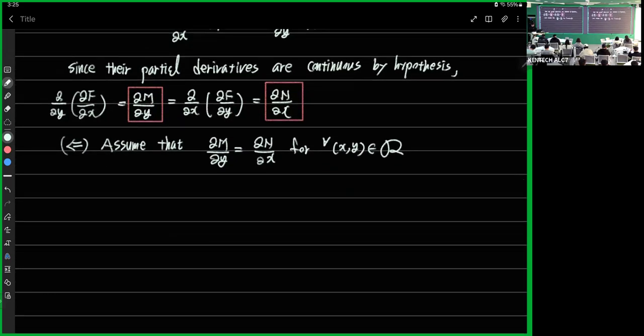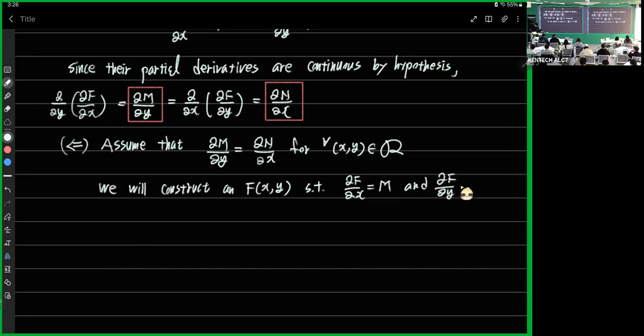So what are you going to do? Now we will construct what? We're going to construct the f of x comma y such that partial x is equal to m and partial y is equal to n.